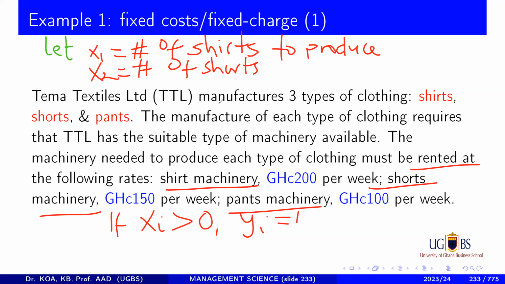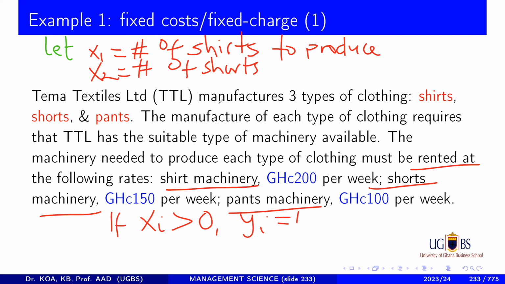Now, that means that the Yi or the machinery is only needed, note that down, if I'm going to produce that clothing type. In other words, I only need a shirt machinery if I am going to produce shirts. Do you guys understand? I only need a short machinery if I'm going to produce shorts.